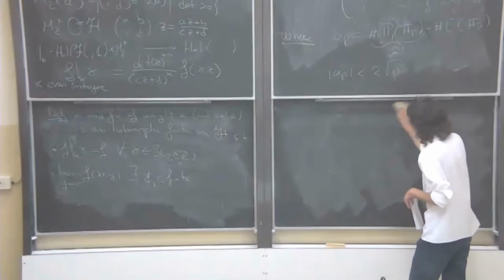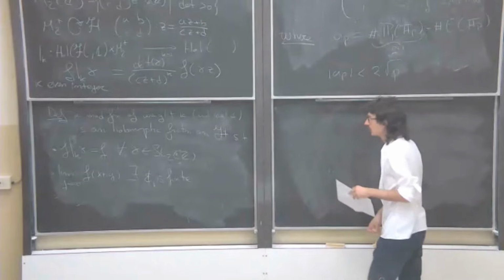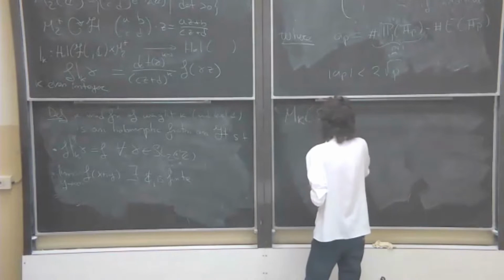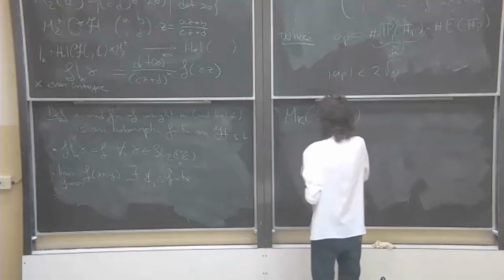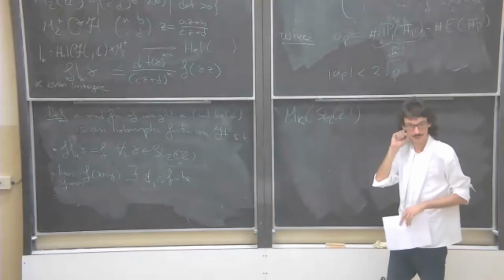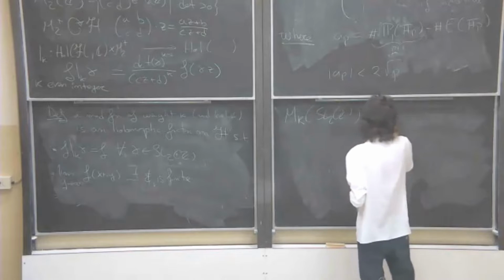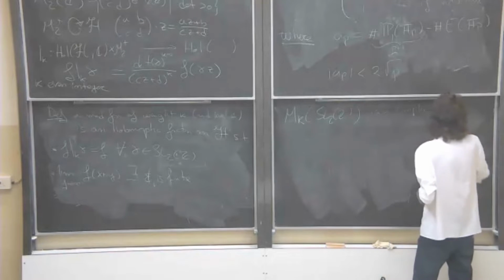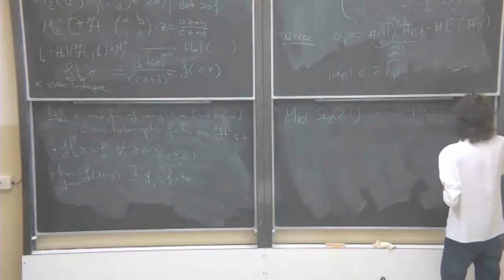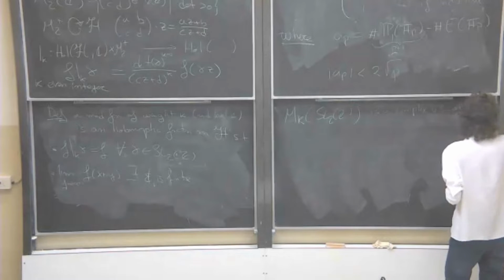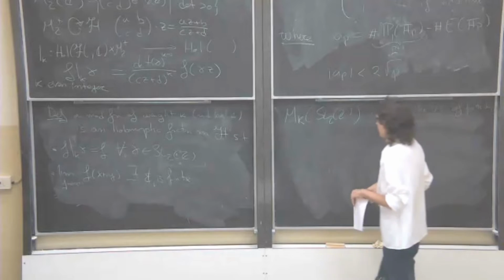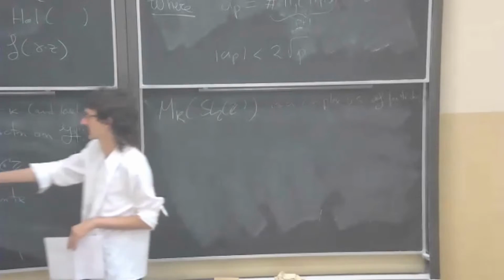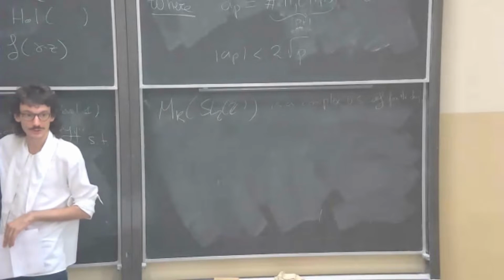Now, just a bit of remarks. We denote the space as Mk, or Mk of SL2(Z). It is a complex vector space of finite dimension, and adding together two forms that respect this condition does not change this condition.